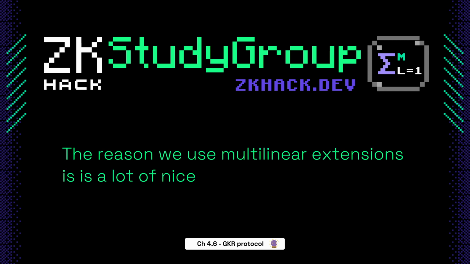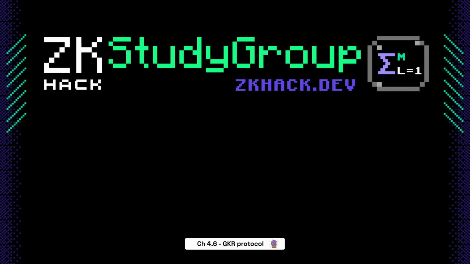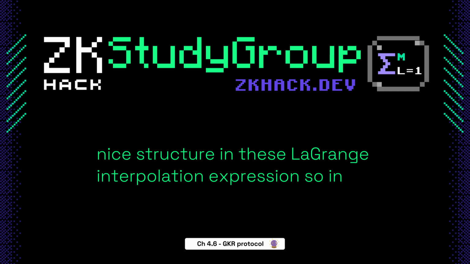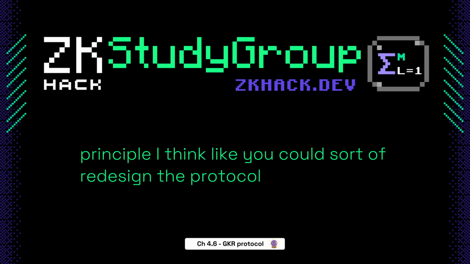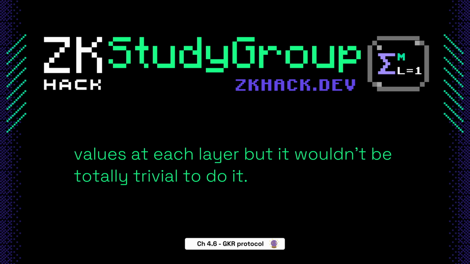The reason we use multilinear extensions is that a lot of nice algorithmic things happen to ensure that the prover is very fast, and that's because of the nice structure in these Lagrange interpolating expressions. In principle, you could redesign the GKR protocol to potentially use non-multilinear extensions of the gate values at each layer, but it wouldn't be totally trivial to do.